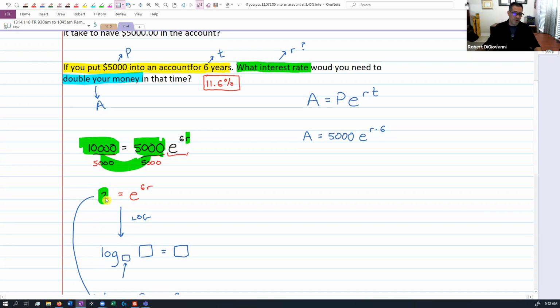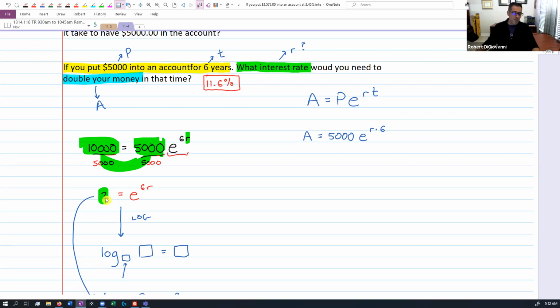That this would always be a 2 if you're trying to double your money? That's kind of weird. If I put $5,000 into an account for 6 years at 11.6%, I will have 10,000. But if I put $1 million in for 6 years at that same interest rate, I'll have 2 million. So it doesn't matter what you start with.